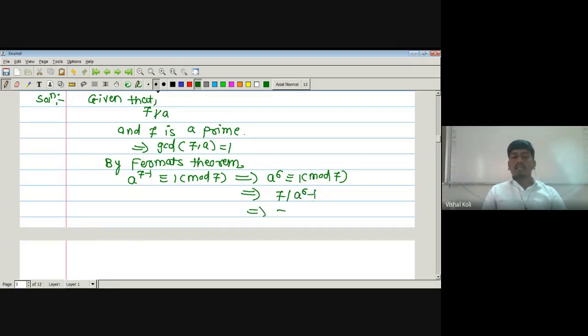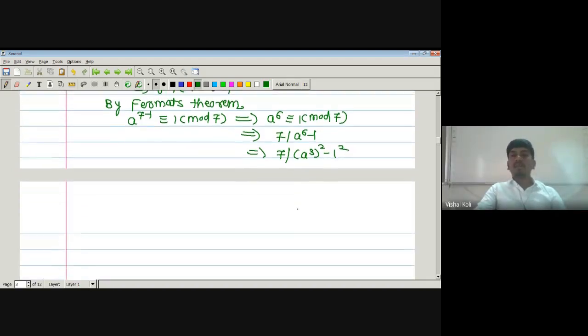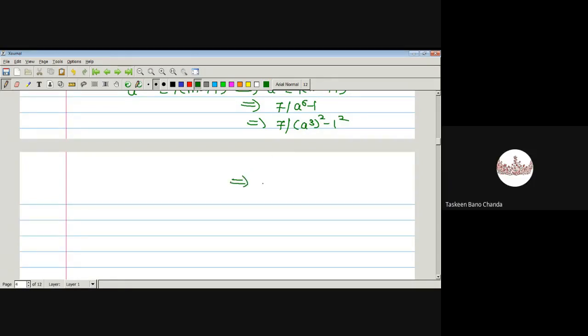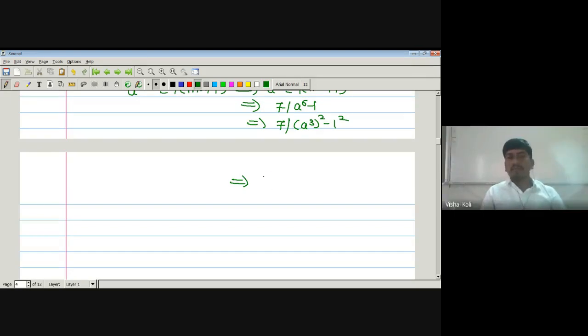This can be written as (a cube) square minus 1 square. Now this is nothing but x square minus y square, which is x plus y into x minus y. Which implies 7 divides (a cube minus 1)(a cube plus 1).